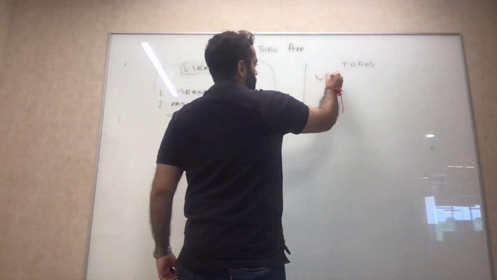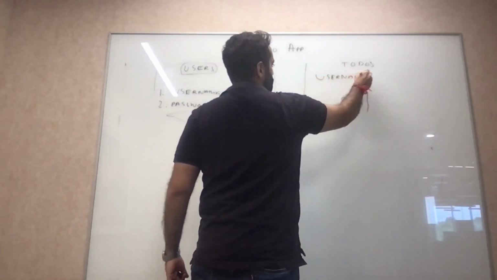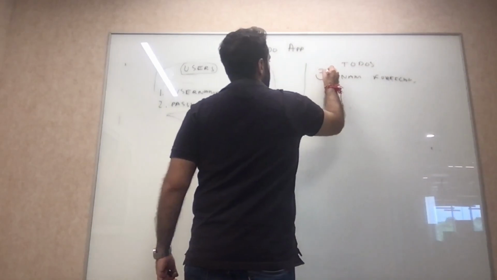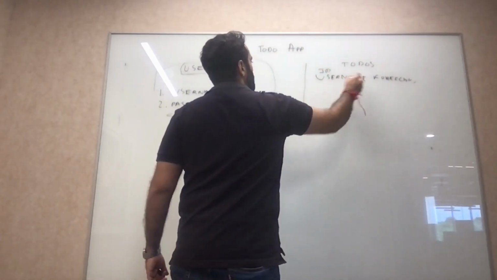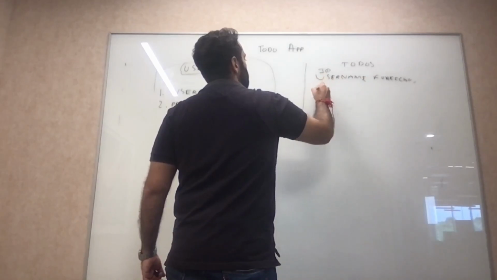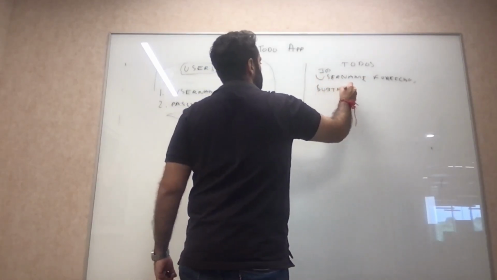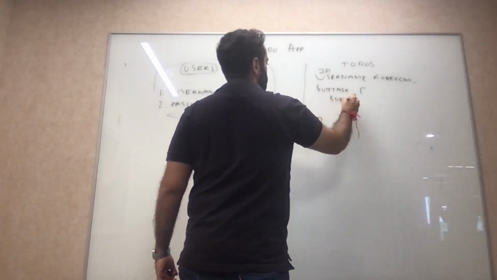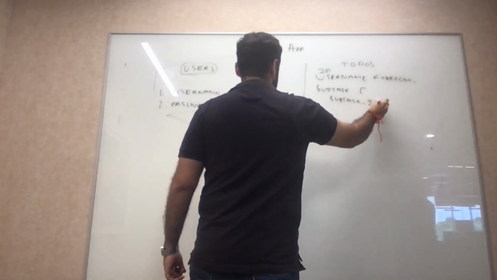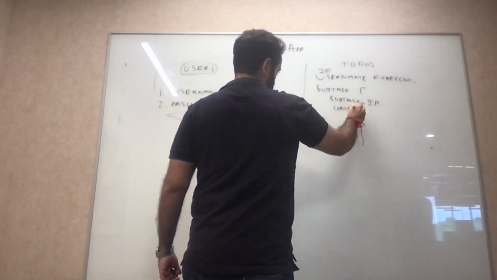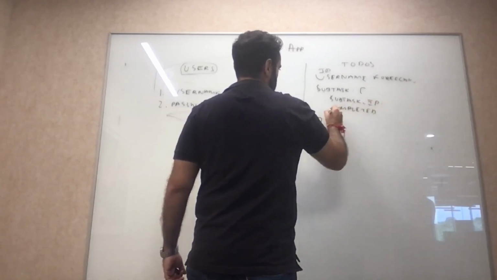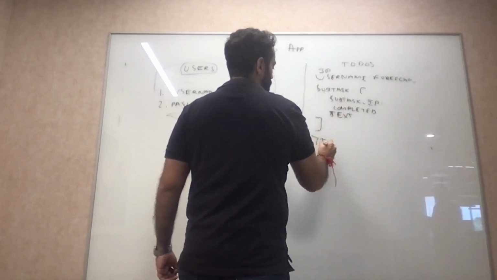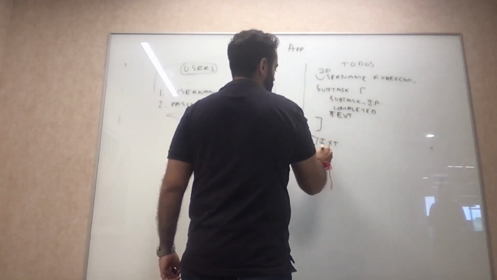So we have a username, which will be a foreign key, we'll have an ID of the to-do, we'll have a subtask list, we have subtask ID, we have completed for subtask, and we have text for subtask. Similarly, we have text for to-dos and completed for to-dos.